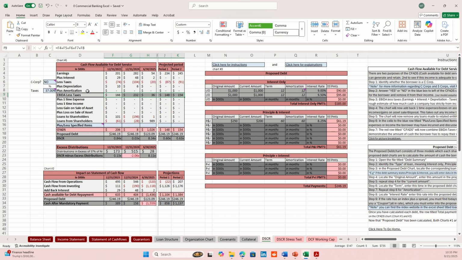The next thing we're going to do is add back one-time expenses. So imagine they lost a lawsuit to somebody. We're going to add that money that they spent on the lawsuit back to their income, because remember, we want to stabilize the cash available for debt service. We want a clear picture.